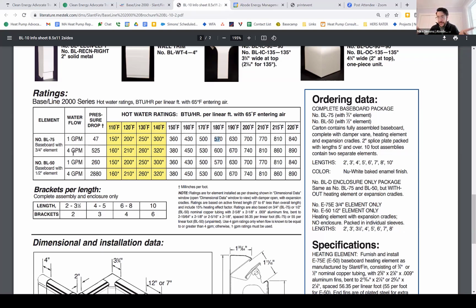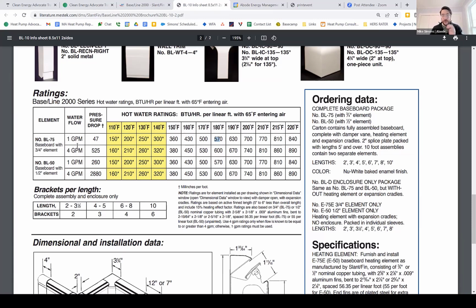So if you have a room with, say, 10 linear feet of baseboard, that is going to provide up to 5,700 BTUs per hour when the thermostat is calling for heat.